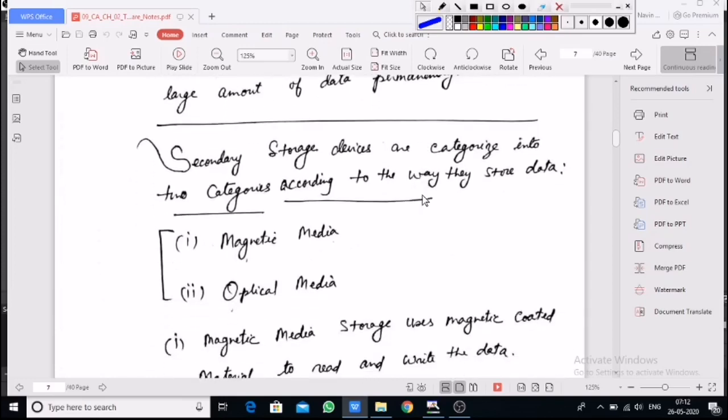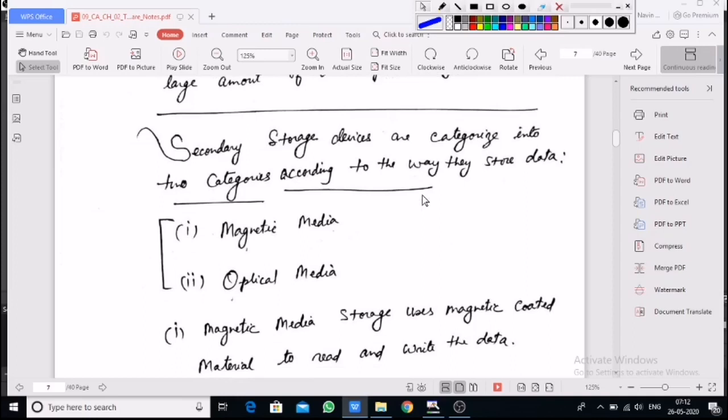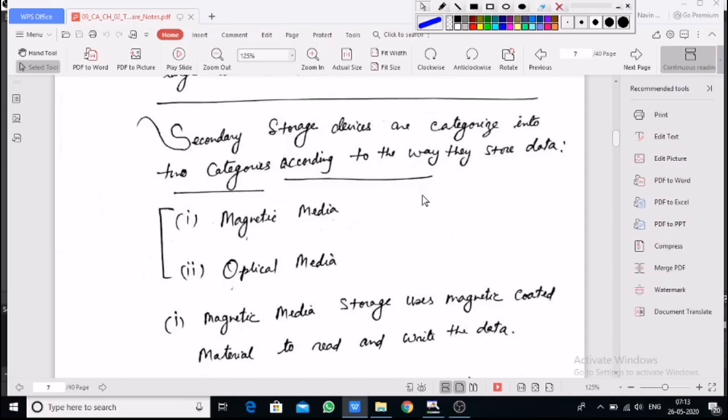Now, secondary storage devices are categorized into two categories according to the way they read and write the data. Secondary storage devices are of two types: magnetic media storage devices and optical media storage devices.